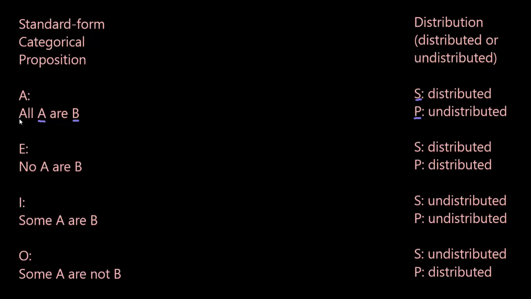So if we say all A are B, we're asserting of everything that is in the A category, it's within the B category. So we've said something about all A's. We've committed ourselves to something about all A's.